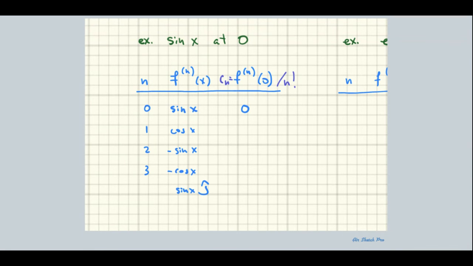Sine of 0 is 0, cosine of 0 is 1, 0, 1. And you can see what's happening this time. This time the odd powers are 1 or negative 1, and the even powers are 0.